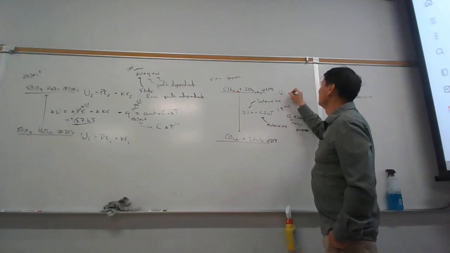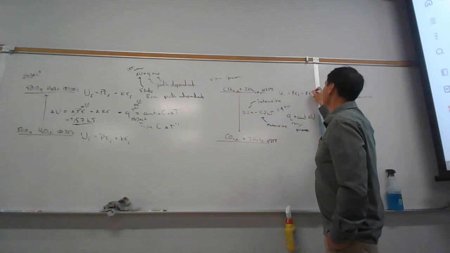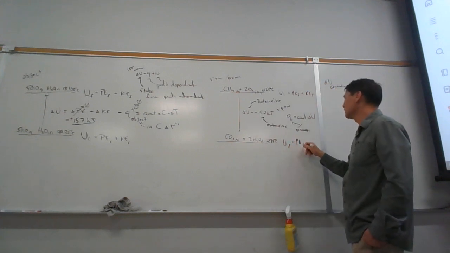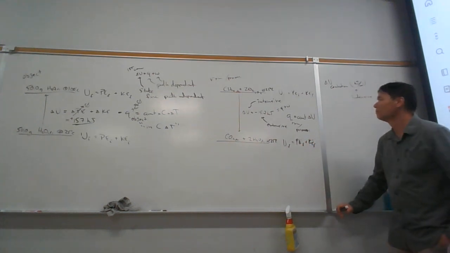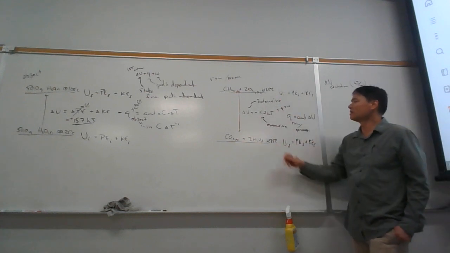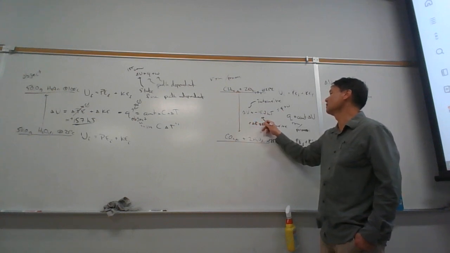energy. So when we look at U initial, it is equal to the potential energy initial plus the kinetic energy initial. When we look at U final, it is equal to the potential energy final plus the kinetic energy final. In this case, delta U is equal to delta potential energy plus delta kinetic energy.